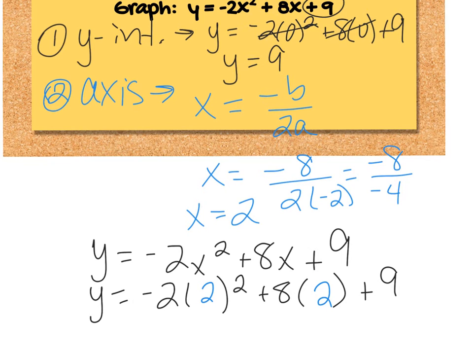Okay, so I took x equals 2, and I put a 2 in for every x here.